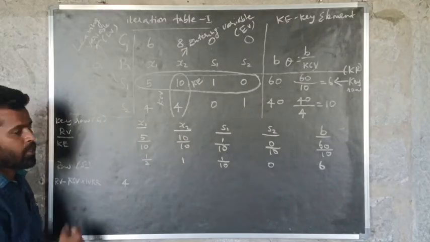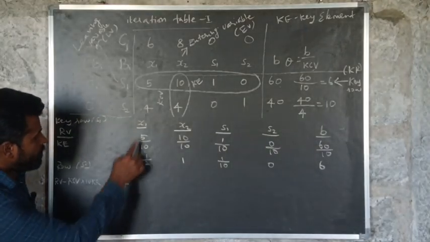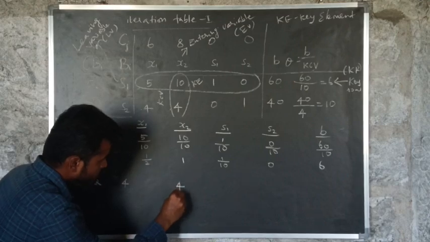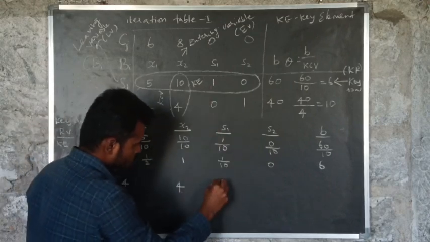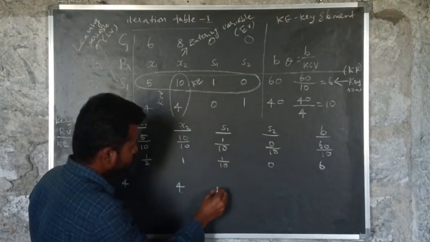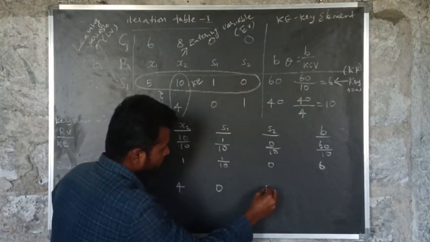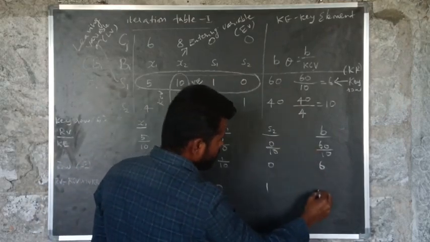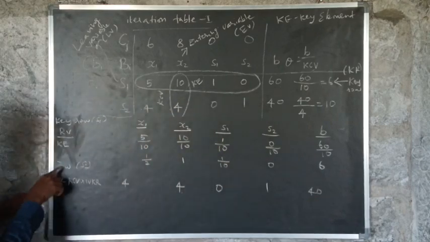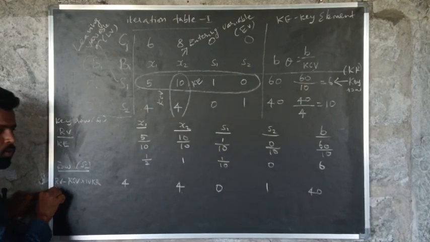The row values for S2 are: x1 4, x2 4, s1 0, s2 1, and quantity 40. As per the formula, I wrote the row values for all.